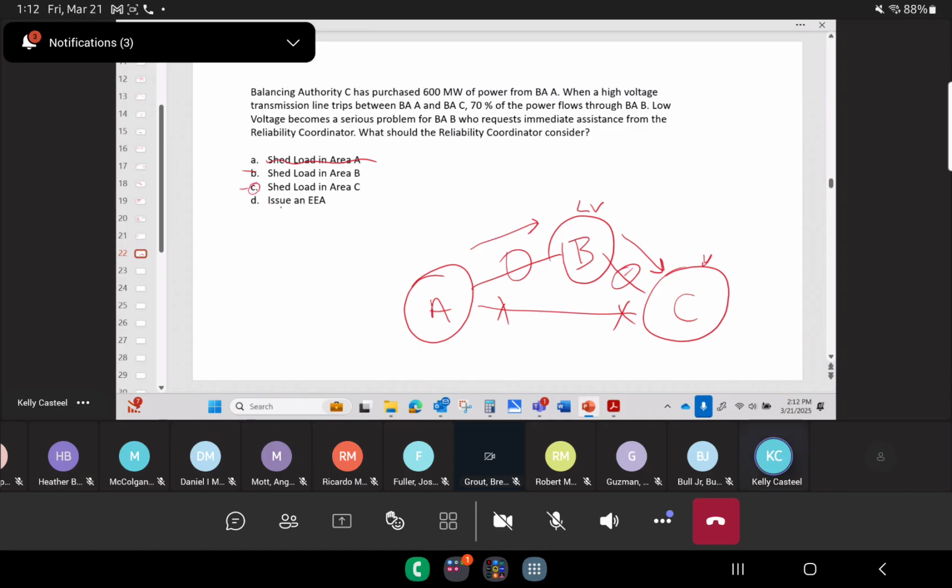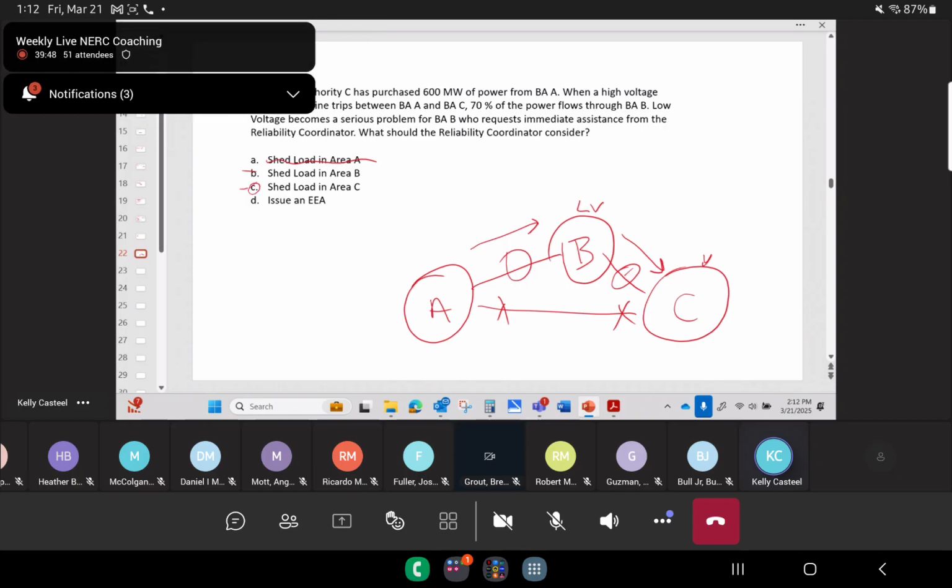And so that's possible. And issue an EEA. Well, an energy emergency alert deals with capacity and energy emergencies, that's not going to have any effect at all. So we don't even know that we have any sort of EEA. So I'm going to scratch through that one. So it boils down to shedding load in area Bravo or shedding load in area Charlie.